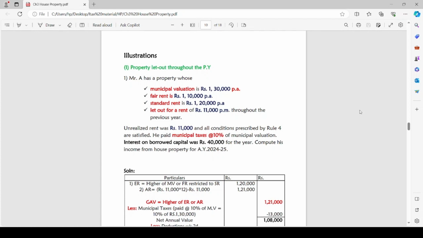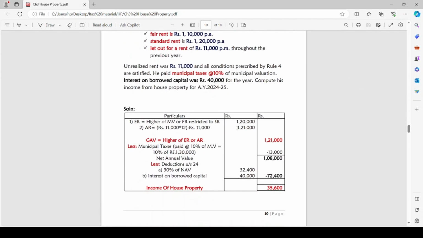Standard rent is rupees 1,20,000 per annum, and it is let out for a rent of rupees 11,000 per month throughout the previous year. The unrealized rent was rupees 11,000 and all conditions prescribed by Rule 4 are satisfied. He paid municipal taxes at 10% of municipal valuation. Interest on borrowed capital was rupees 40,000 for the year. Compute his income from house property for the assessment year 2024-25.